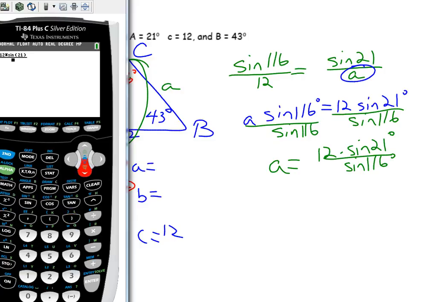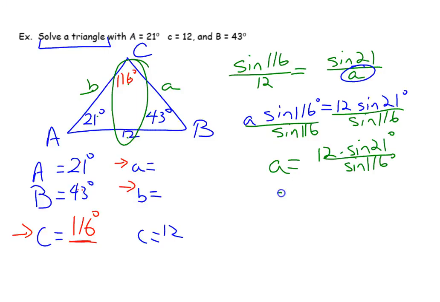Let's go to the bottom now, and I want to type in the sine of 116. Right? So this value will be the length of side a. Okay, so that's 4.785. So this little side a is 4.785. That's side a.